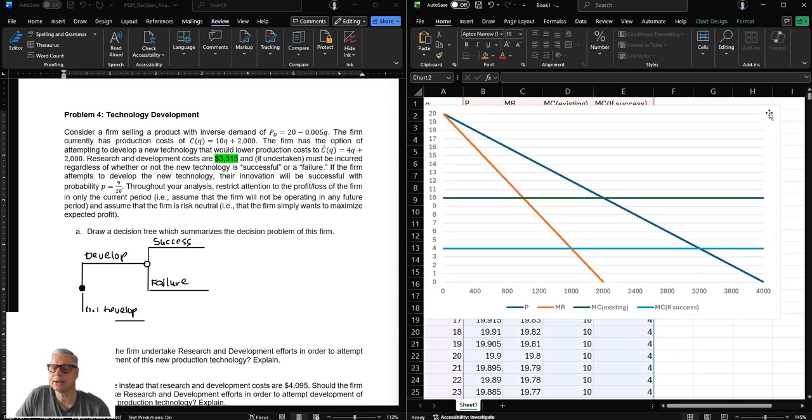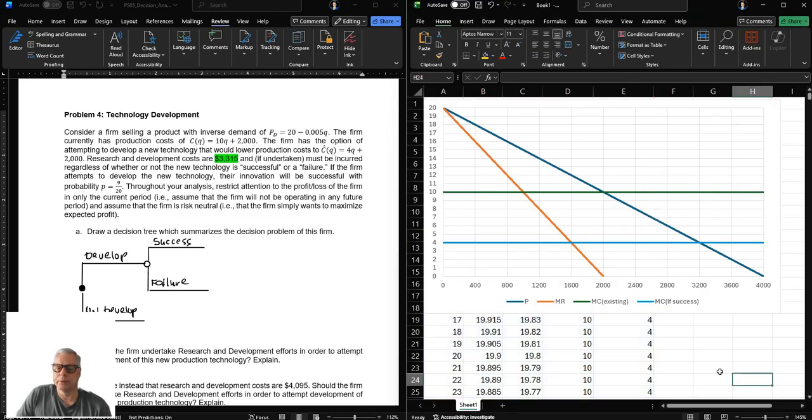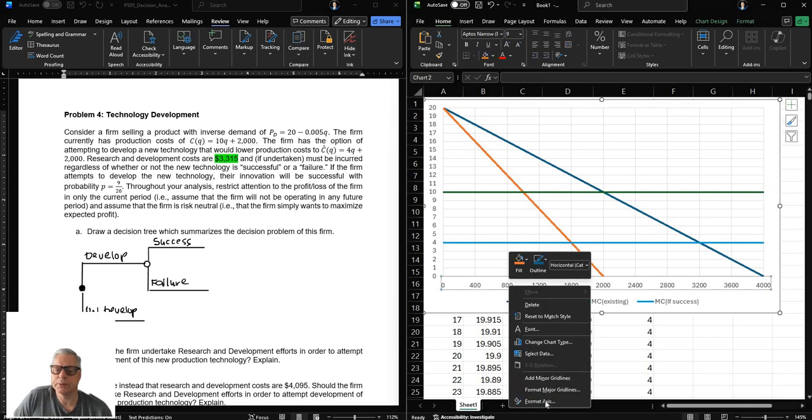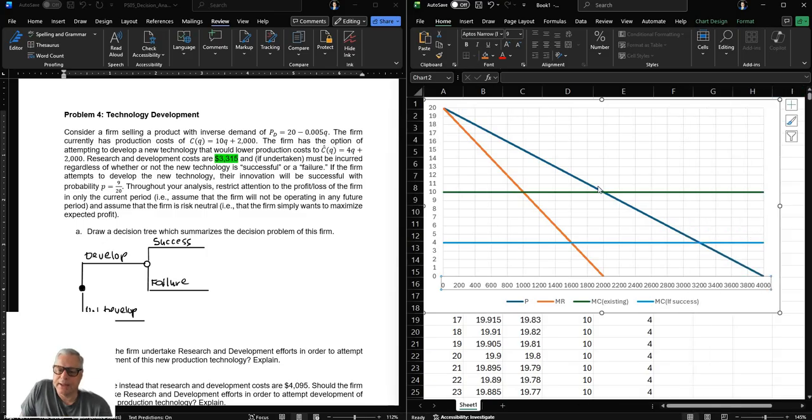And then let's add grid lines, the vertical ones. Okay, so actually I go back to the specify interval unit 200, because then we can see that currently the firm operates with the high marginal cost.